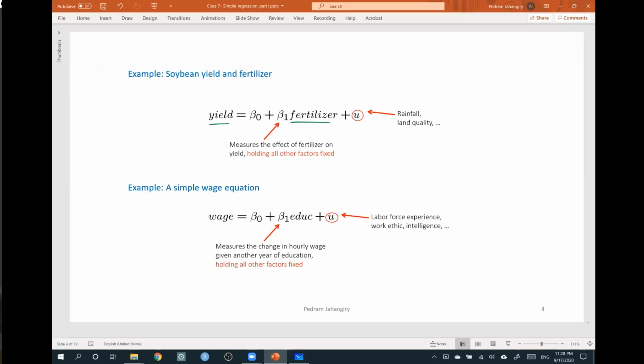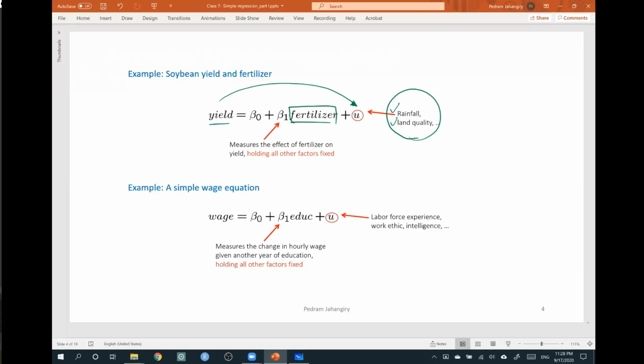Then we only control for fertilizer, but we know that yield has something to do with lots of other explanatory variables that we're putting in the unobserved factor. We just call it u. What are some examples? Rainfall, land quality, temperature, and things like that, right? So we are dumping them all and we just call them unobserved.